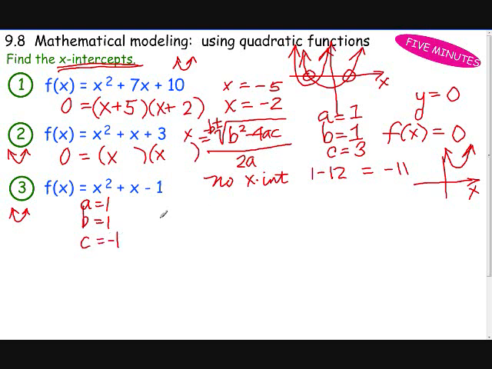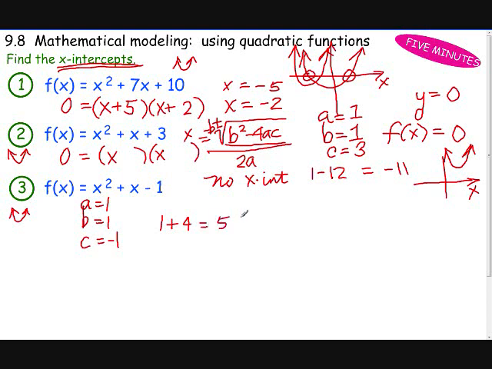So if I take a look at this discriminant, I've got b squared, 1, minus 4 times a times c. 1 times negative 1 is negative 1. Negative 1 times negative 4 gives me positive 4.